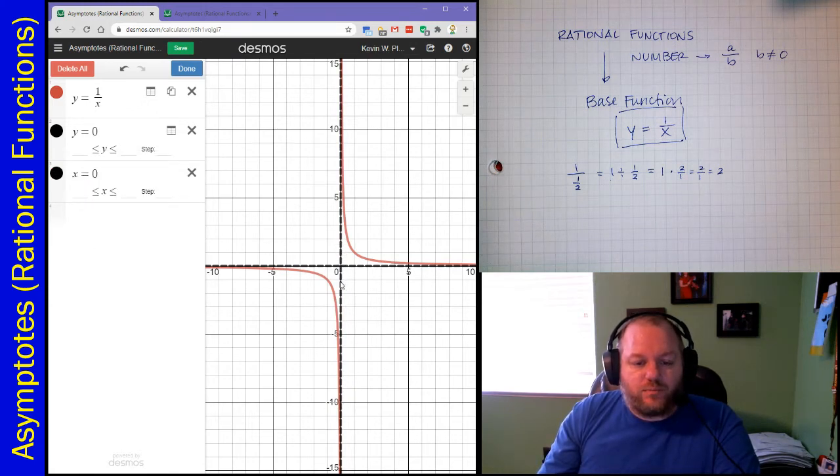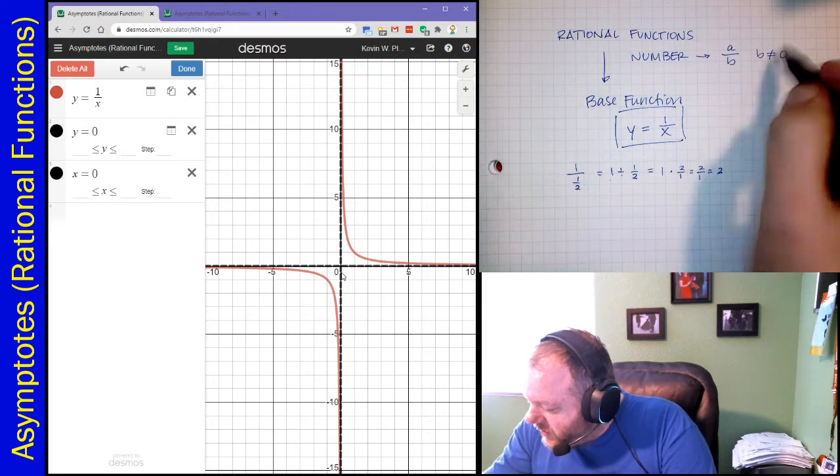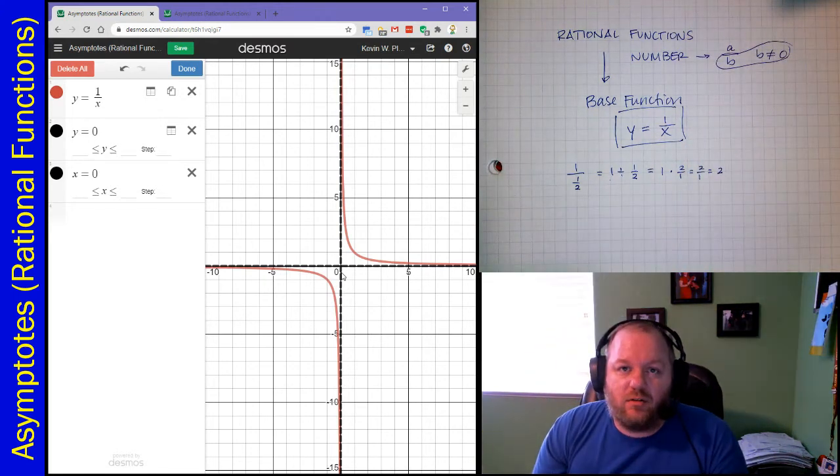So the idea here that x cannot be 0 is very much related to this idea that b can't be 0 in rational numbers.